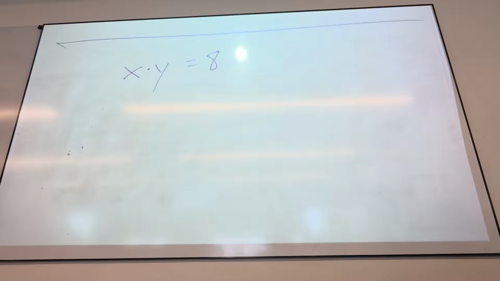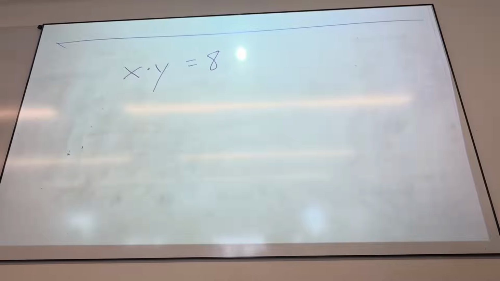One possibility is 2 and 4. Give me another one. 1 and 8. -2, -4. -1, -8. 1/2, 16. 1/10 and 80. -1/10, -80. How long could this go on for?